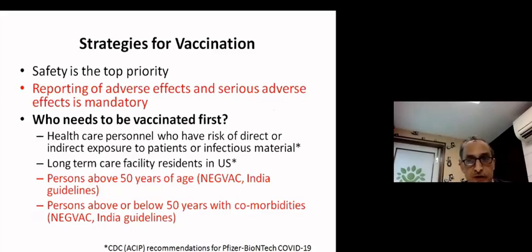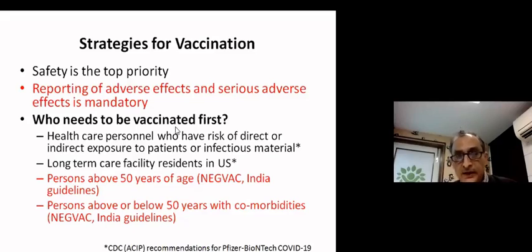Now, before we go to the merits and demerits of each of these vaccines, what is important for an immunologist is that safety is the top priority for the vaccine. So we don't want people to get sick with vaccines. This happened way back with the inactivated polio vaccines in the 1940s, when there were a lot of paralytic poliomyelitis cases with the vaccine, obviously because of contamination.